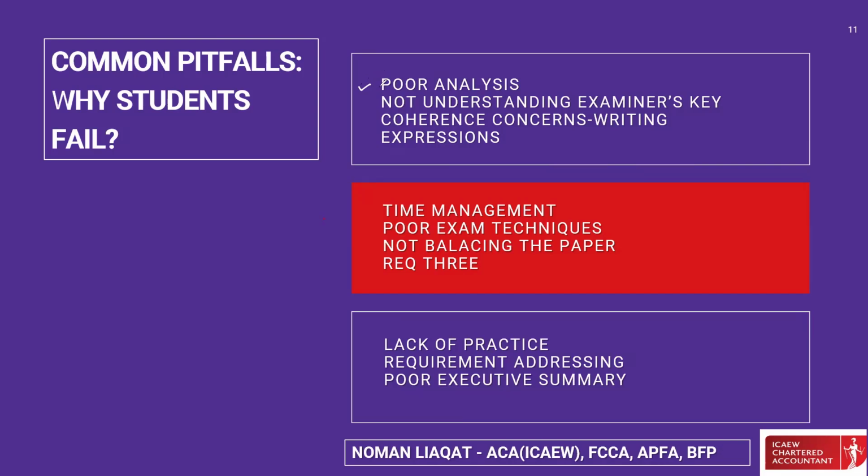So how do you make sure that you perform a good analysis? You need to understand the requirements very carefully. You need to think about what requirement one is, what financial statement analysis means, and how you should perform this analysis. It is very important.